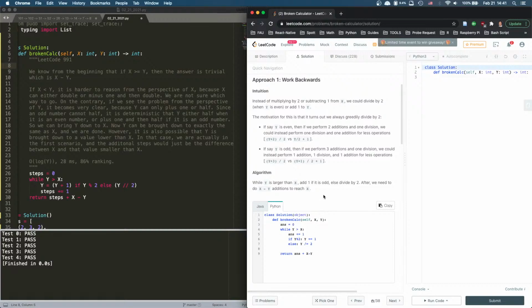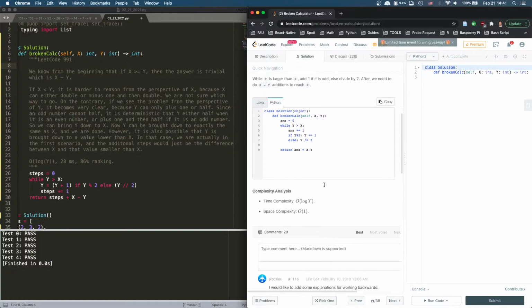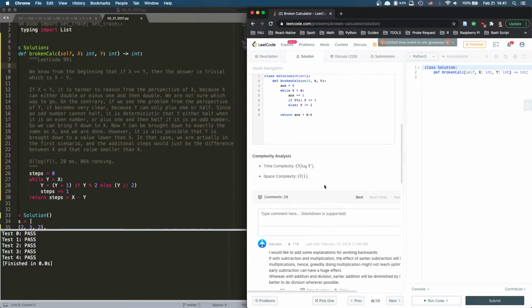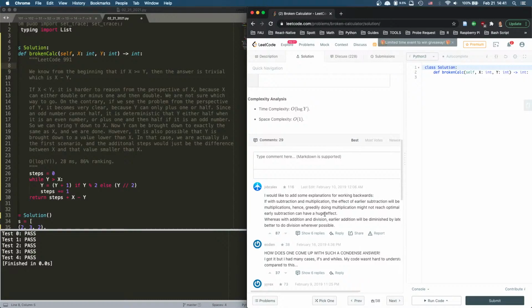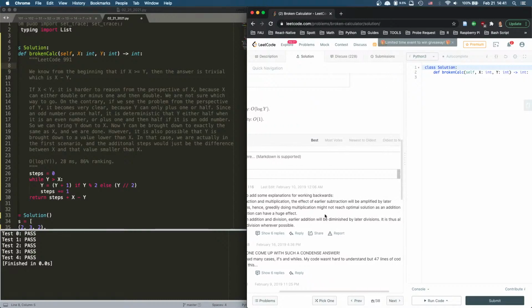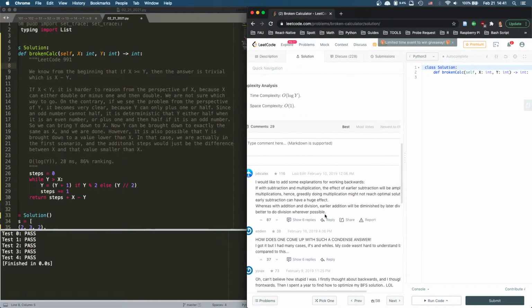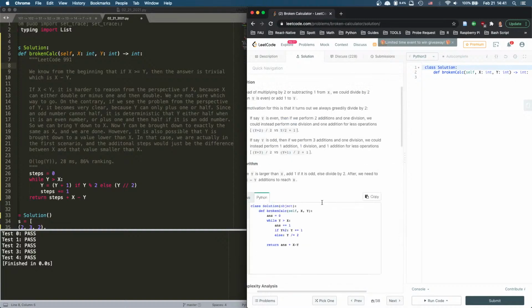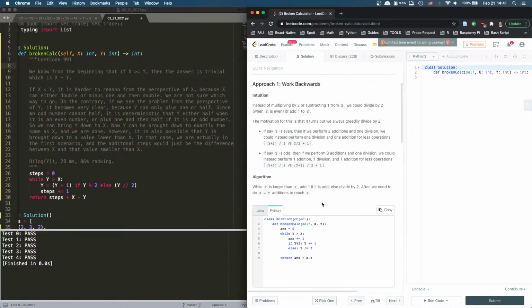Yes, that's exactly the same as ours. Oh, that's the only solution. It considers this a greedy solution. Always greedy divided by 2.